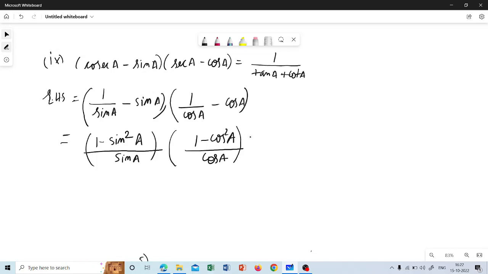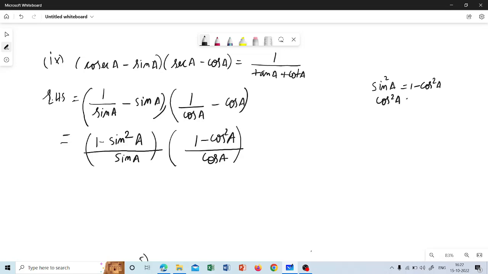Now this problem might look very simple from here on, because the first step was very important. I can write, sorry, it should be 1 minus sine square a, and 1 minus cos square a is sine square a, and I will substitute this result.